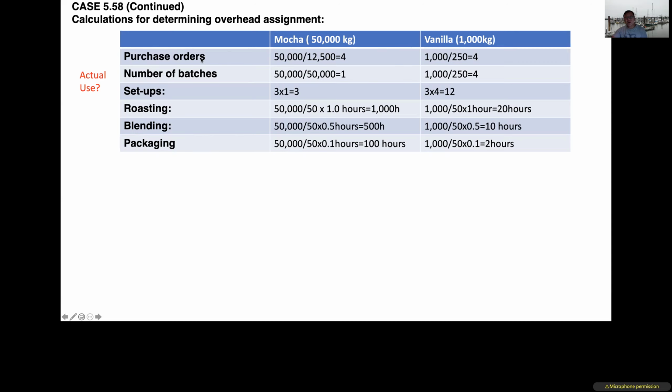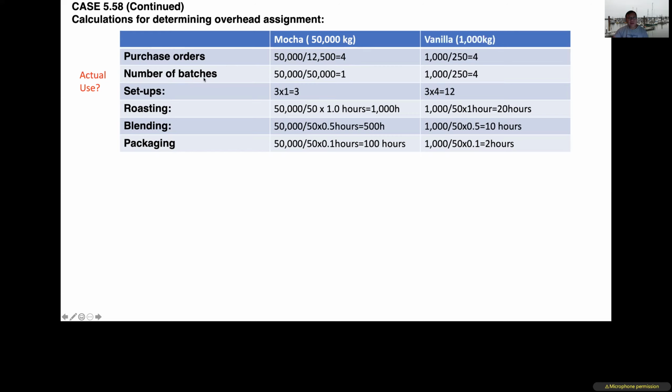Each purchase order can only purchase 12,500 kilograms, and in order to obtain 50,000 kilograms of this material, I need 4 purchase orders. One order is not enough. I need to order 4 times to obtain 50,000 kilograms.